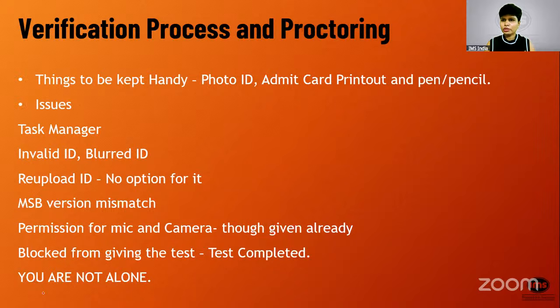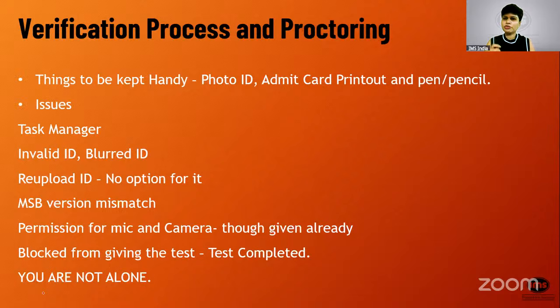Then some of you got a message that your ID was invalid or blurred, though everything was appearing fine. They said it was blurred, go and re-upload, but there was no re-upload option. When you went back and came in again, the test showed that it was already done. Then there was a version mismatch, correct?